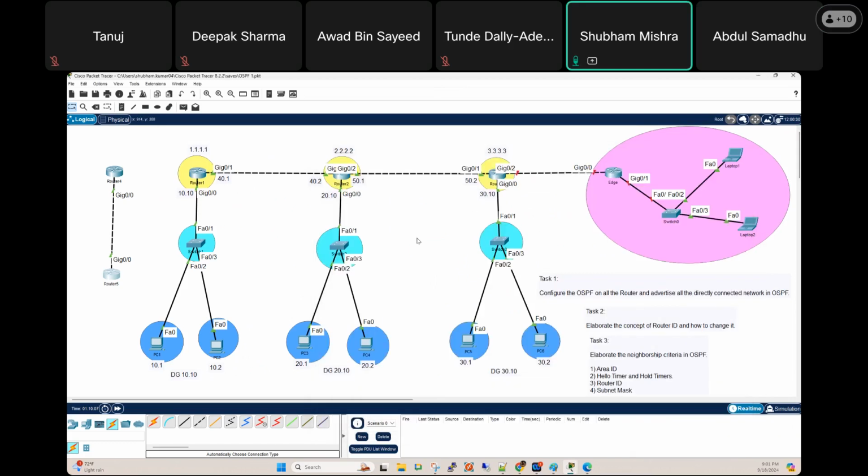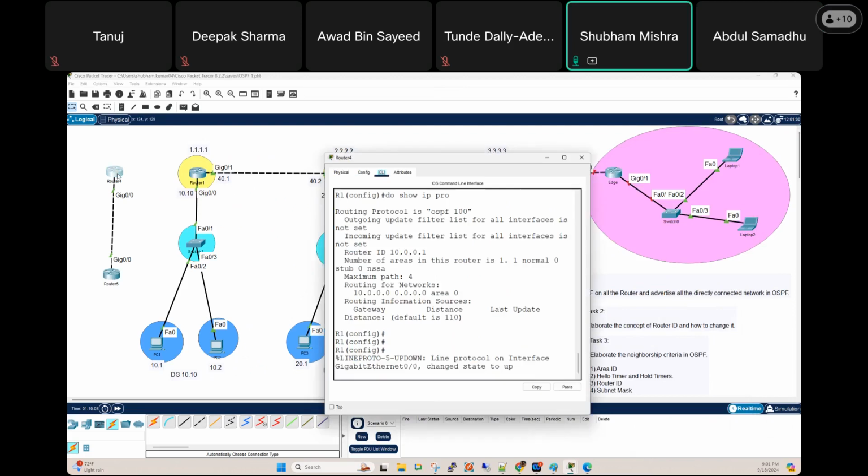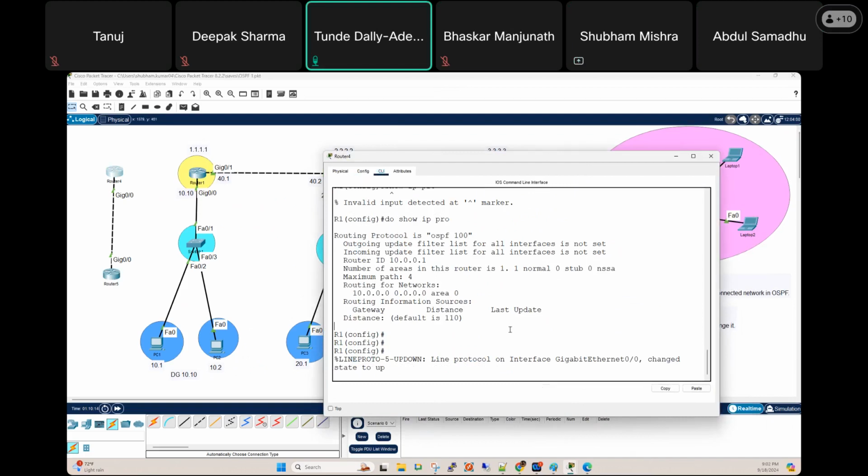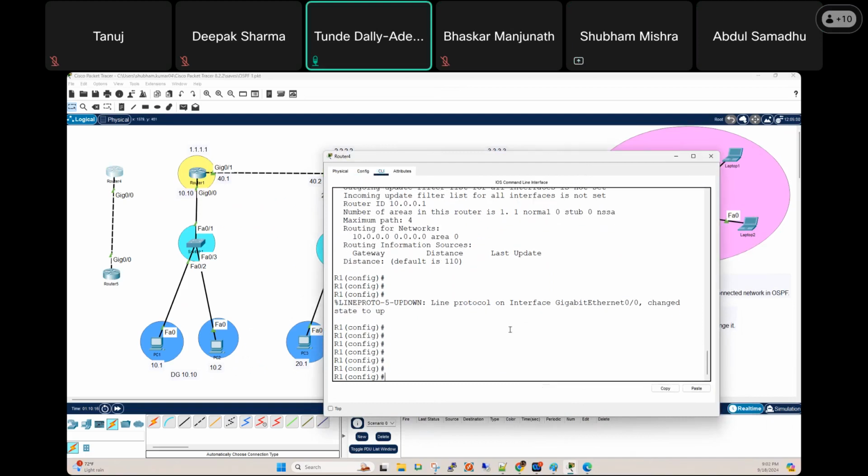Any reason? Different AS numbers, the reason is because their AS value is different, 100 and 200. And we are configuring an IGP protocol, so it cannot become a neighbor. It will be down.